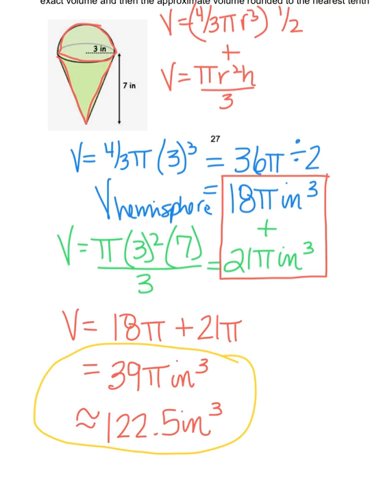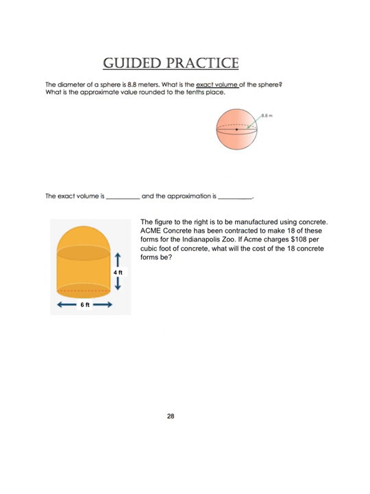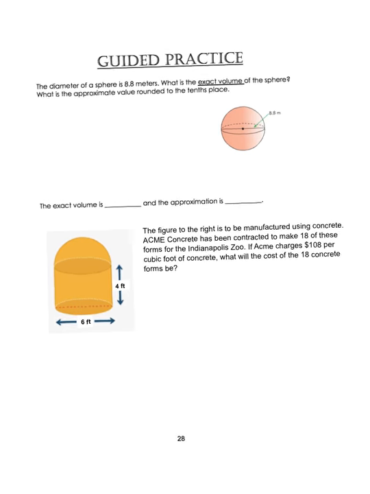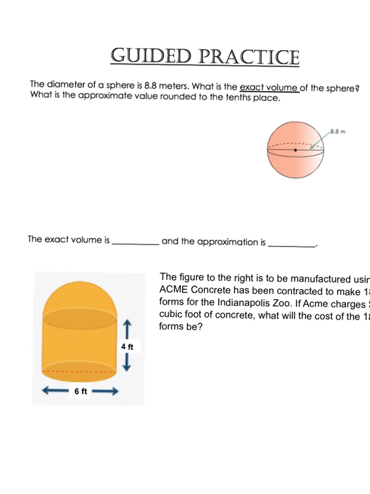All right, let's try another example. The diameter of a sphere is 8.8 meters. So if D equals 8.8, that means that R equals 4.4.